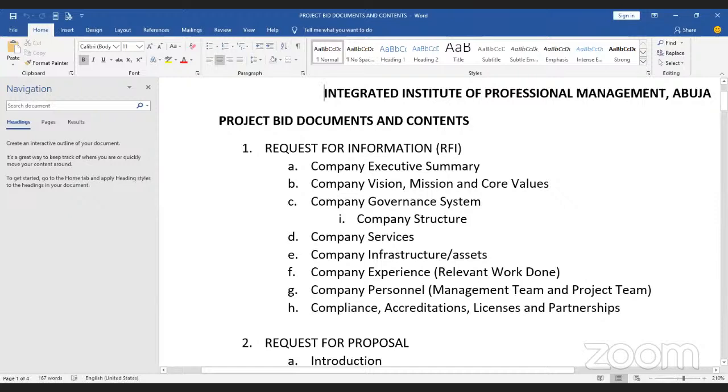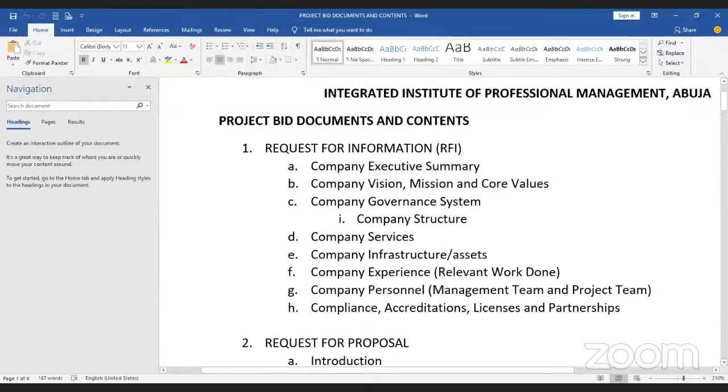Just as their names imply, one is for an expression of interest. If they say, send us an expression of interest, what they are basically asking for is your request for information.